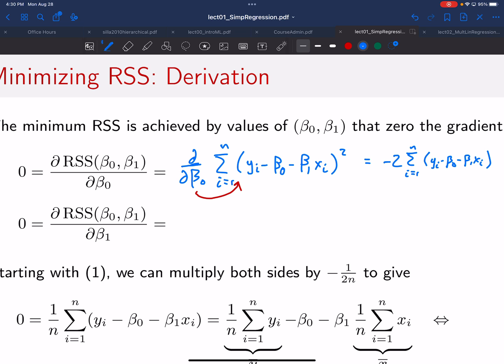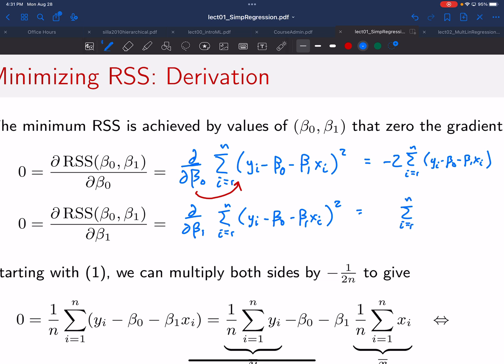Let's repeat this for the next line. It will be pretty similar, but slightly different. So we start out the same. We have this quadratic. Now we're differentiating with respect to beta 1. We again apply the chain rule, so we again have that sum.